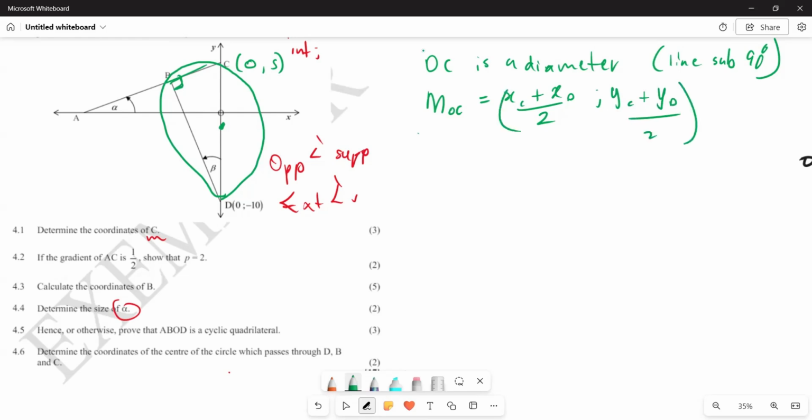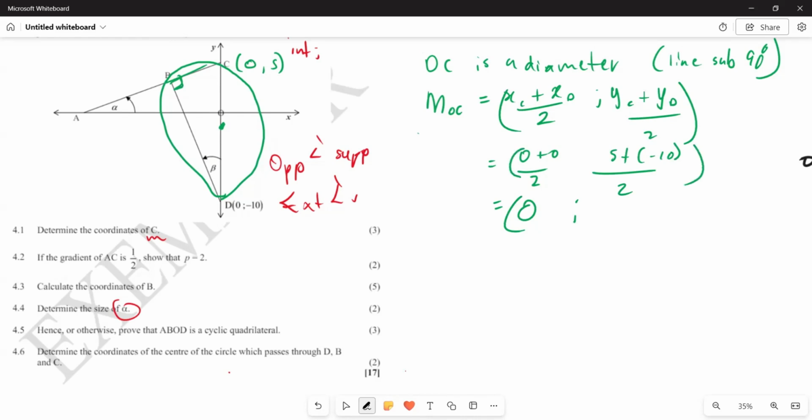And then from here, what is it that you're going to have? This is the same as 0 plus 0 over 2, which is the same as 0. The other one is going to be the same as 5 plus negative 10, divided by 2.